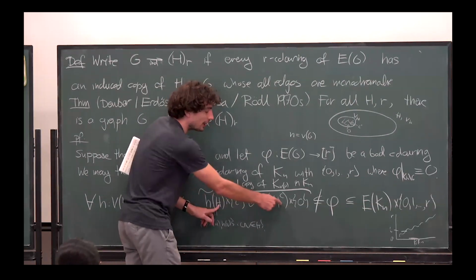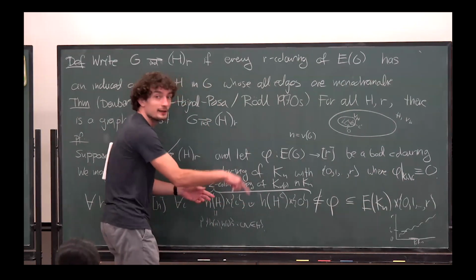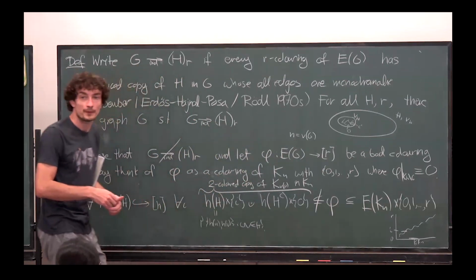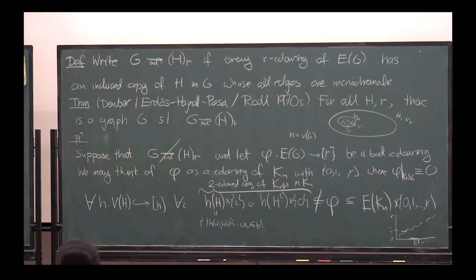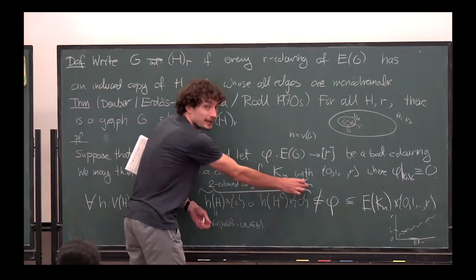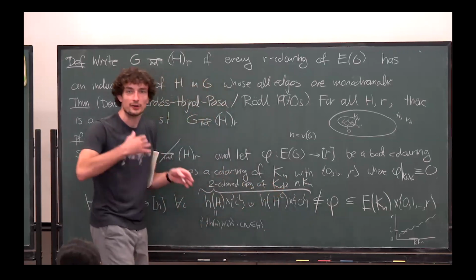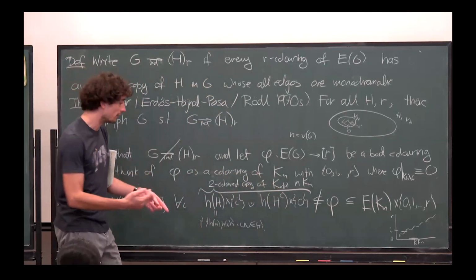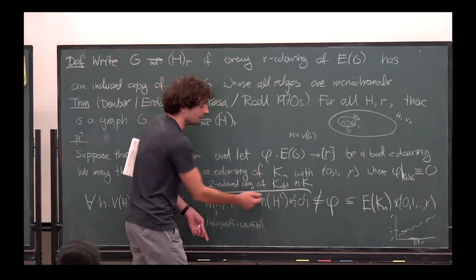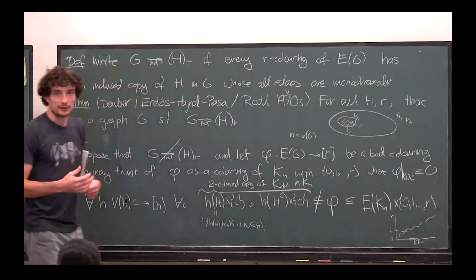So we colored all the pairs in some subset of V(H) vertices inside Kn. In other words, we found a clique in Kn on V(H) vertices, and its edges are now colored in two colors, in the color I and in the color 0, so that the color I forms an H and the color 0 is its complement.